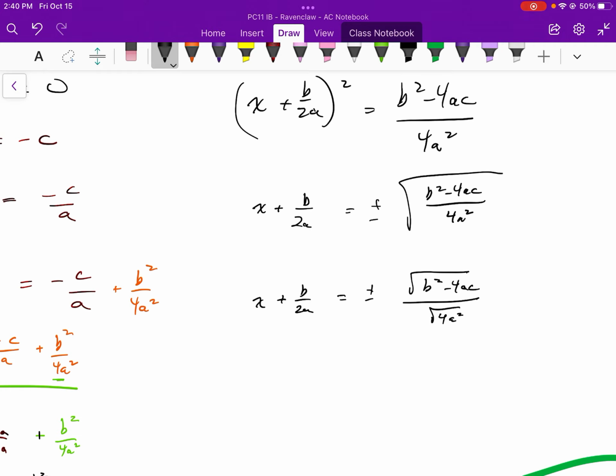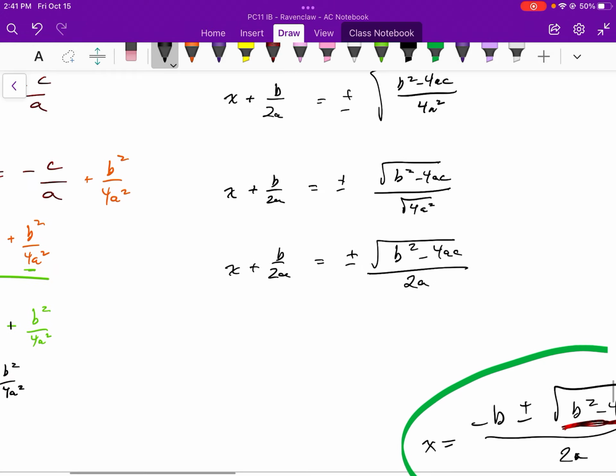Now b squared minus 4ac is not a perfect square, so I can't take the square root. However, in the denominator, it's the square root of 4a squared. Well, the square root of 4a squared is actually 2a, because 4a squared is a perfect square. Now, I'm almost home, by the way.